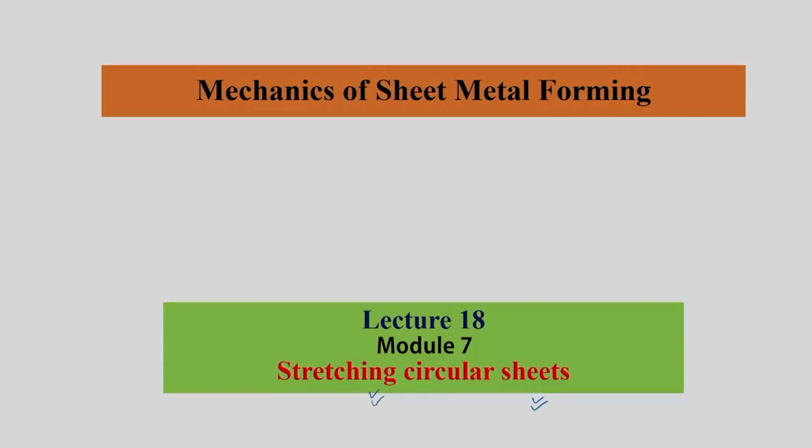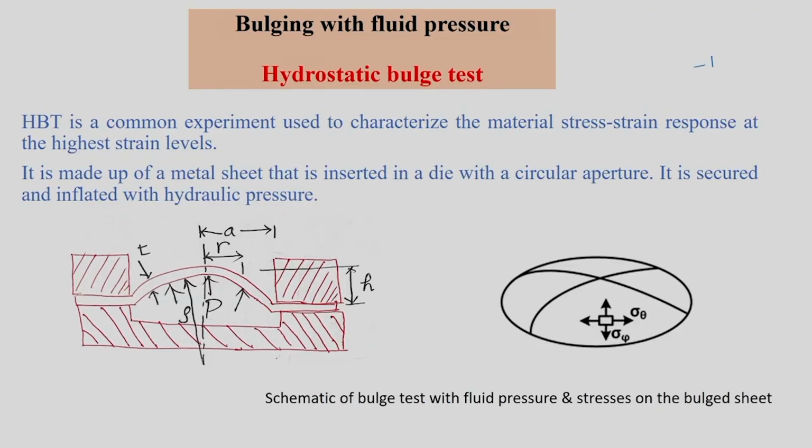Whenever we speak about stretching of circular sheets, practically speaking we can do that in two ways. One is by using a punch contacting the sheet, punch along with other tools, in bracket I will write tools in general.